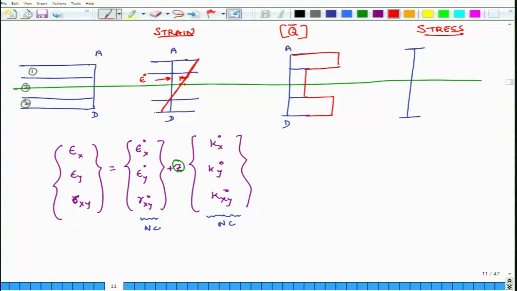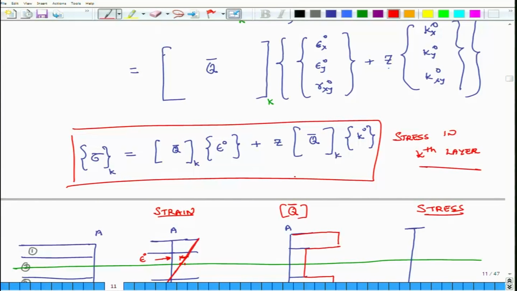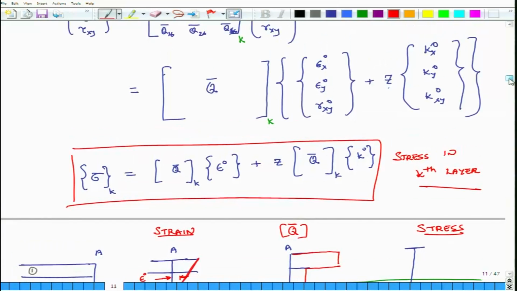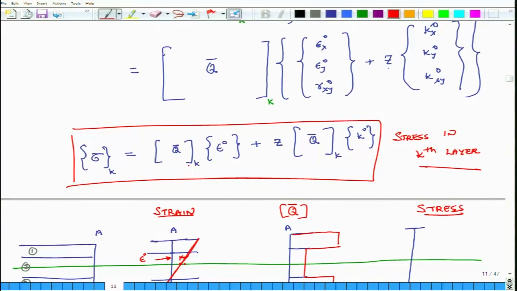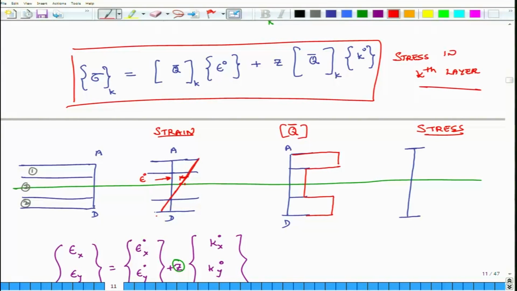Now we know we had developed this relation between stress and strain for the kth layer, right. So stress is equal to Q bar matrix times epsilon naught plus Z times Q bar matrix times curvature. Okay. So what does that mean? Strain is varying linearly, Q bar is jumping, and it is discontinuous.